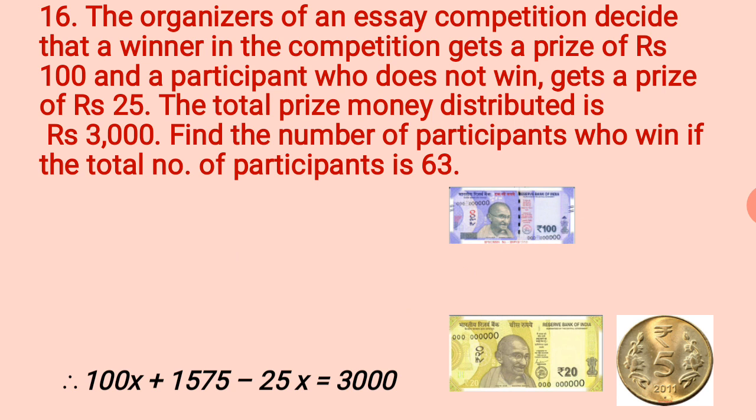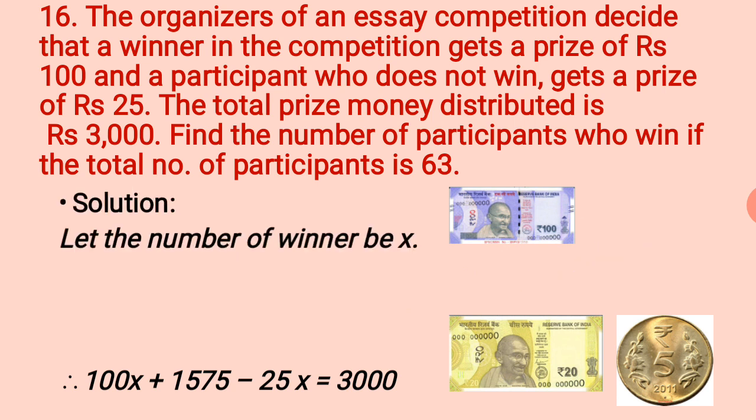You have to find out the number of participants who win the essay competition. Here we will consider the number of participants who win to be x, and the total number of participants is 63. So the number of participants who do not win will be 63 minus x.